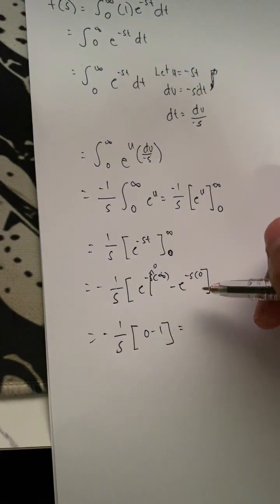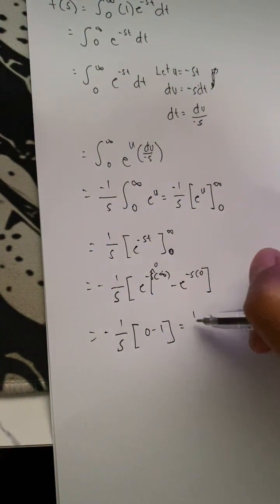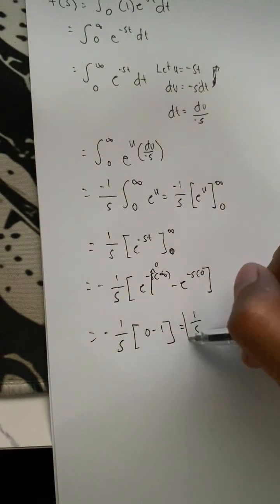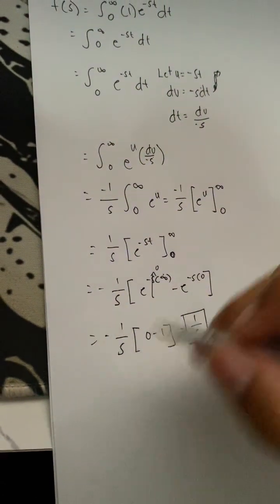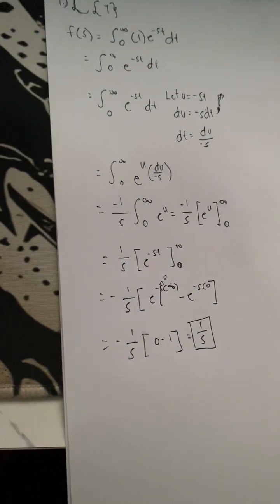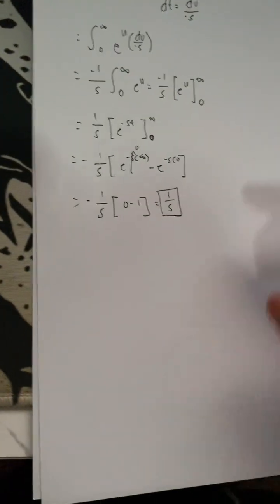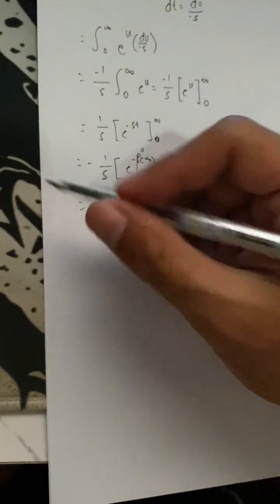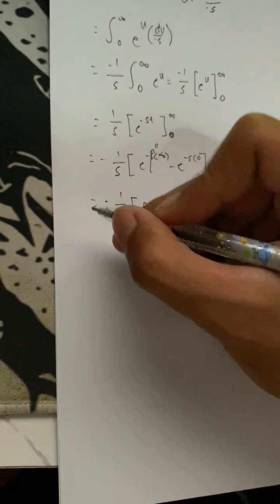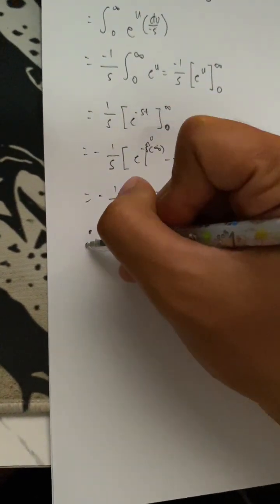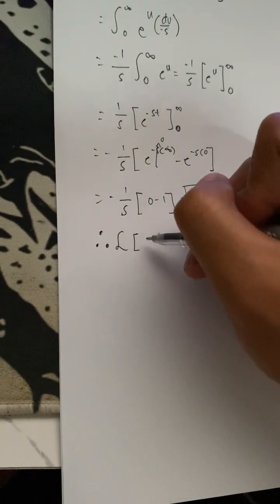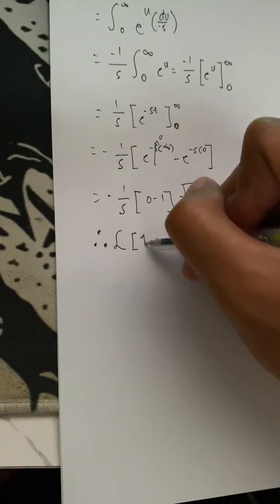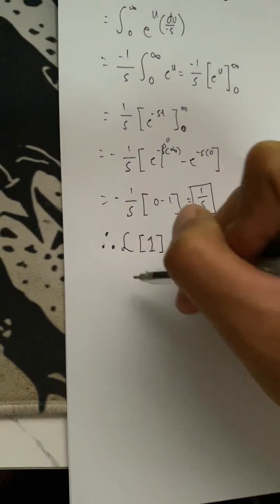The upper limit is considered as 0. The lower limit is e raised to 0, which is equivalent to 1. So the Laplace transform of 1 is simply equal to 1 over s. That is the answer to number 1.